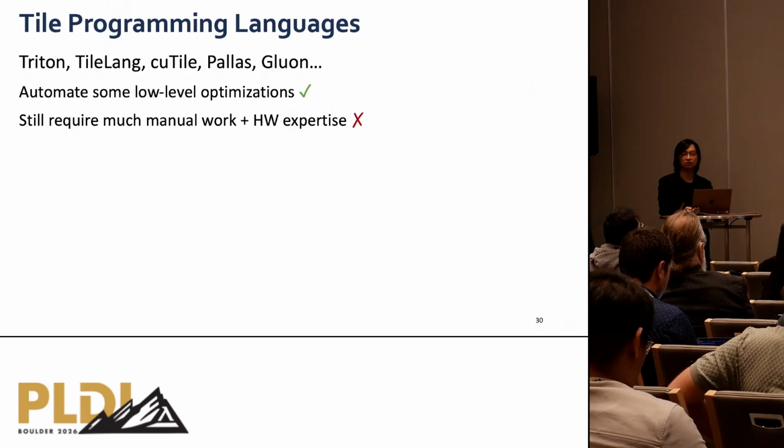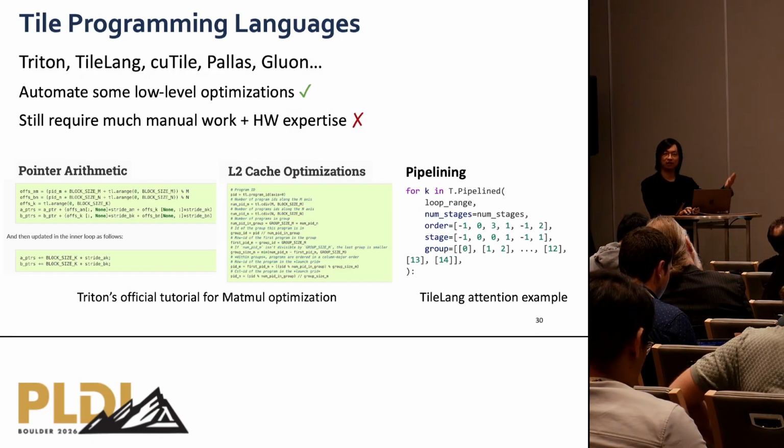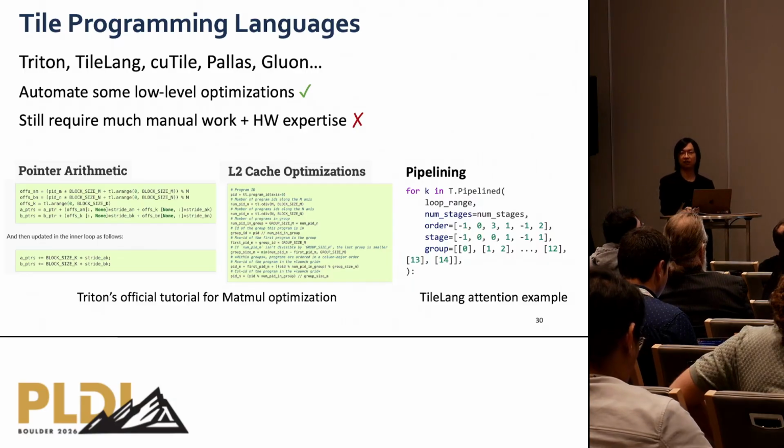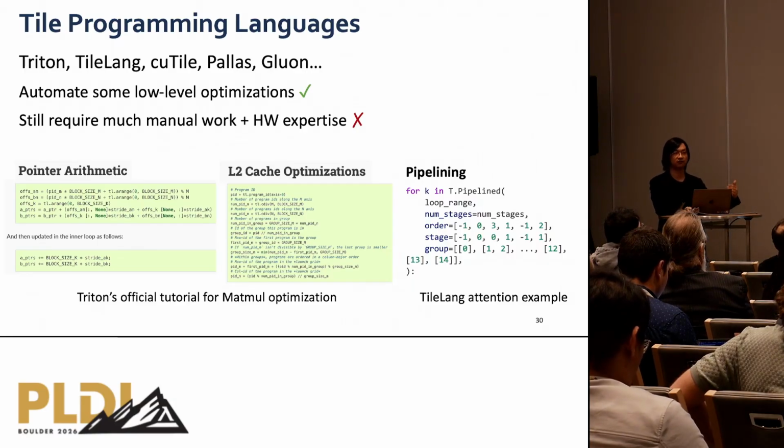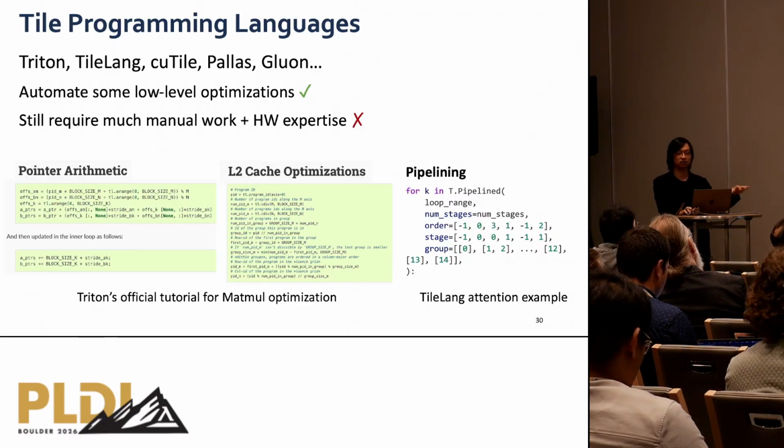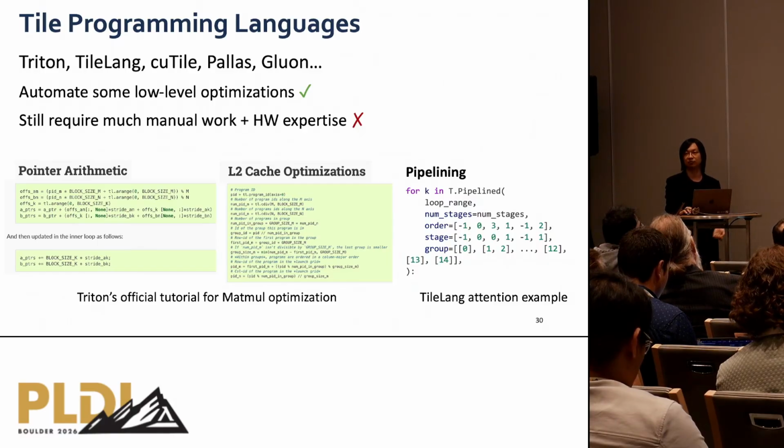But that doesn't mean writing kernels in tile languages is easy. You will still need to figure out all of these low-level optimizations, as well as high-level optimizations like the advanced FlashAttention-style fusion we just saw. And then you put all of that knowledge into the tile code you end up writing.